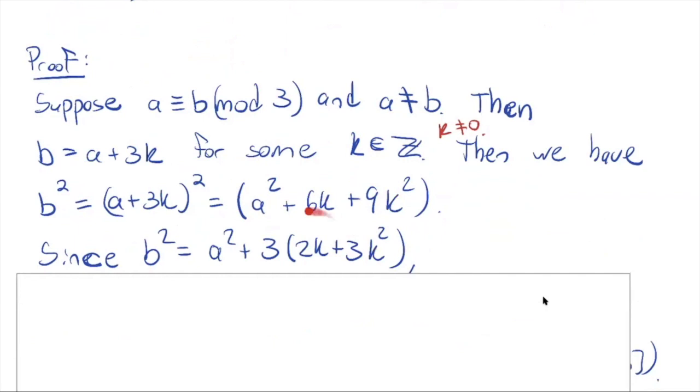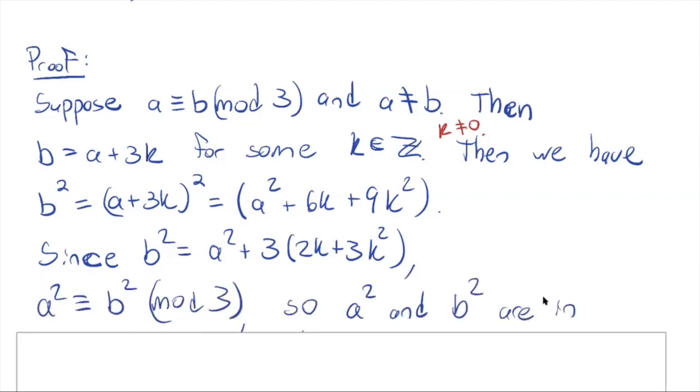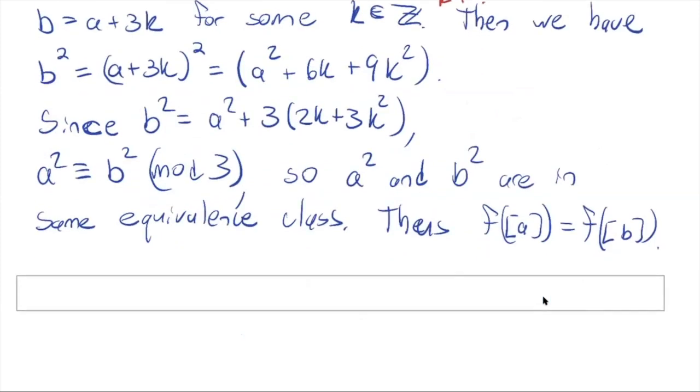So now this tells me that A squared and B squared have to be in the same equivalence class mod 3, since they differ by something that is divisible by 3. And that's what we wanted to show. So this would be a proof that no matter what element we pick as our representative from the equivalence class, it doesn't make a difference, since every element in the same equivalence class is going to get mapped into the same equivalence class in the codomain.